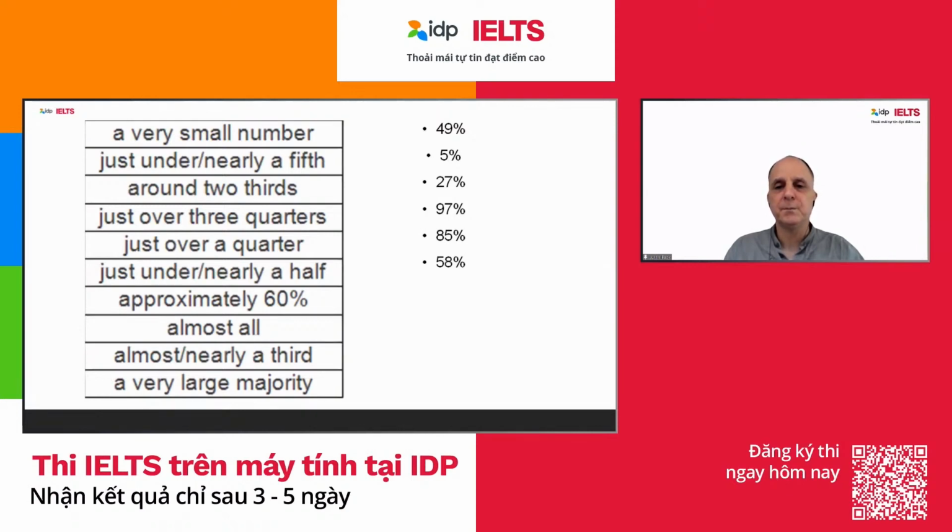58? That's it, approximately 60. You should always write approximately as well instead of approx, but this is good for here. 32. Almost at a third, that's right. 77.